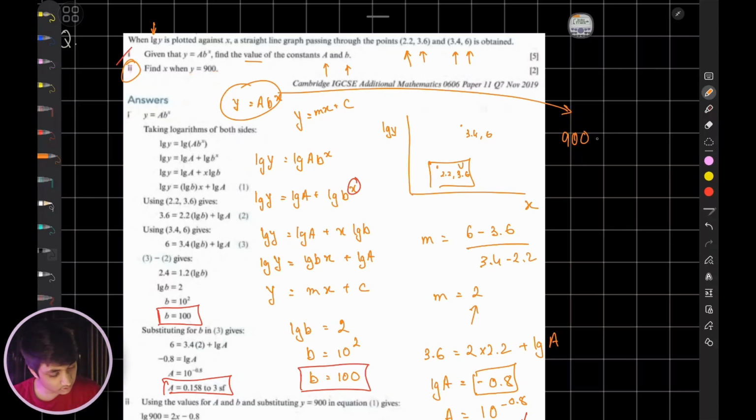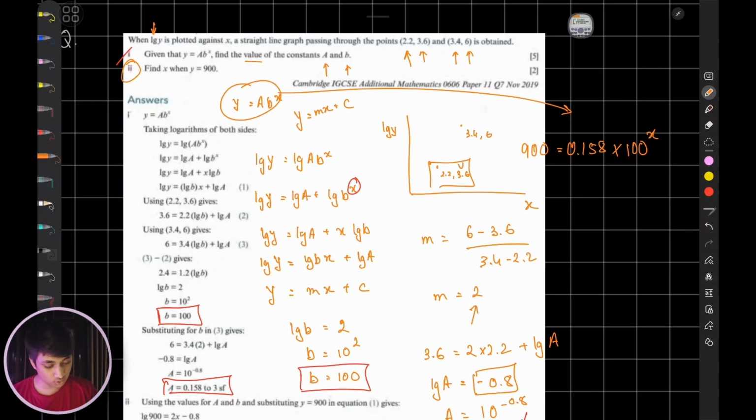Fair enough. So let's plug that in, and a is going to be what? It's such an odd number. 0.158 times b, which is 100, to the power of x. So how do you solve this now? You have to bring in logarithms and linearize the formula again and then solve for x, making x the subject.